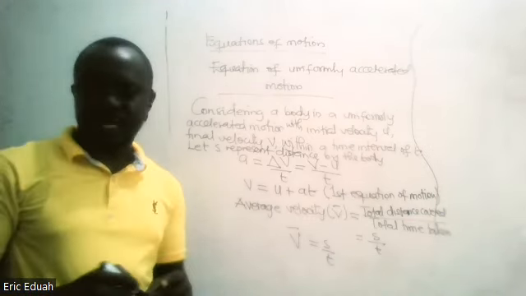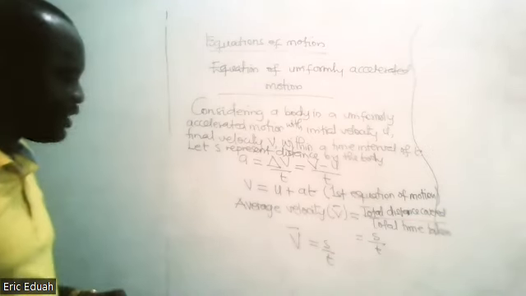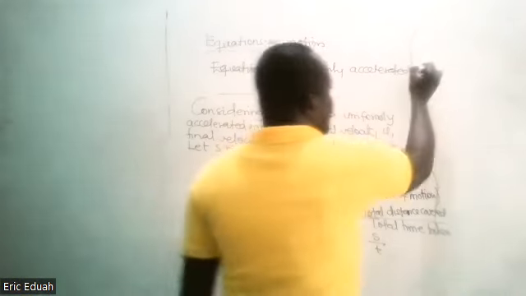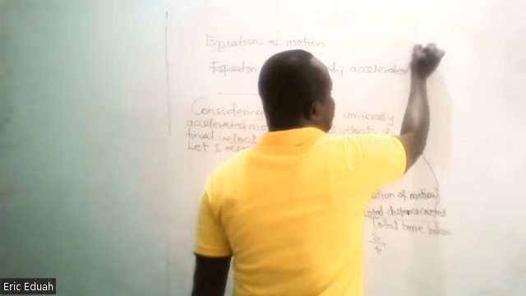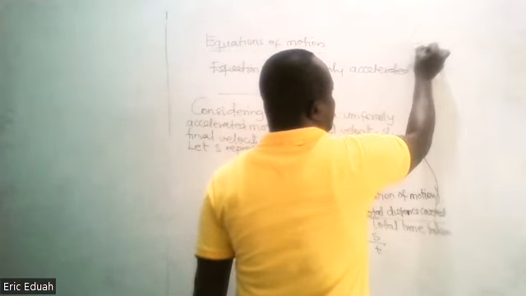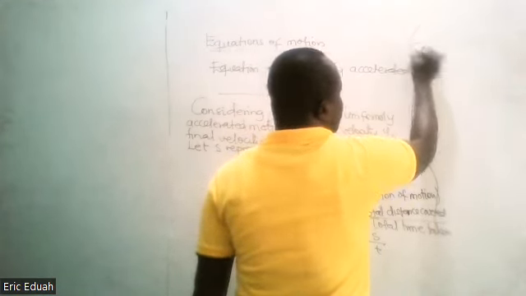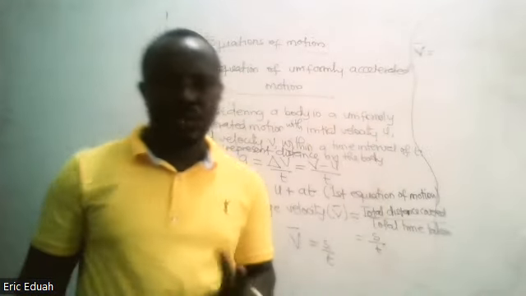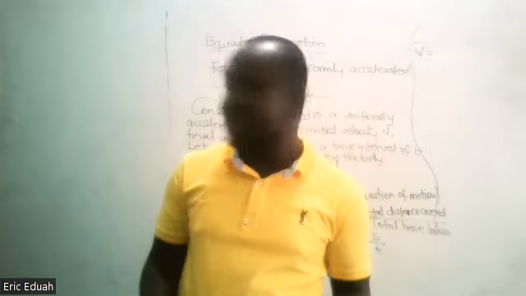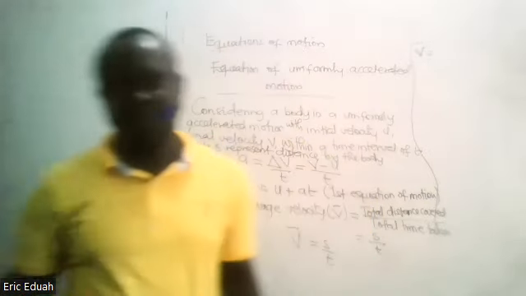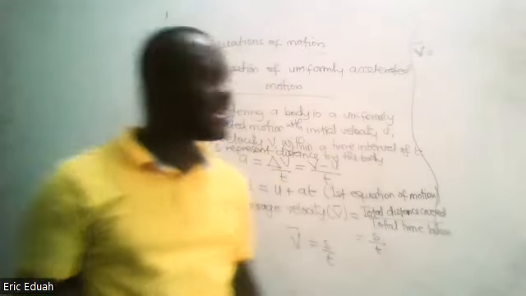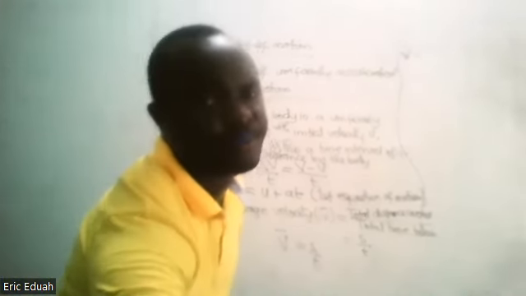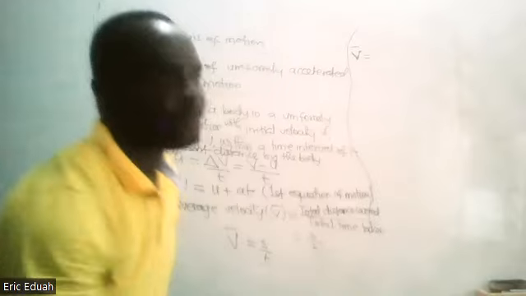Another way of determining average velocity V bar is this. In your mathematics lesson, when you are given two numbers, 2 and 5, to find the average, how do you do that? The total over 2.